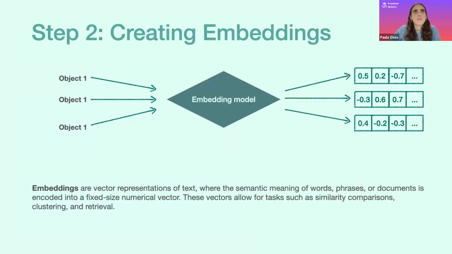The next step is to create the embeddings. I think the creation of the embeddings is one of the most interesting parts of this process because it's transforming words into numbers. In order for large language models to understand language, you are not inputting actual letters; you are representing all the words in a vector space.